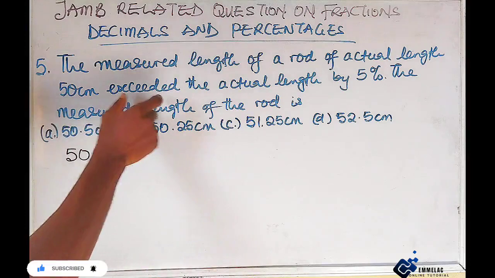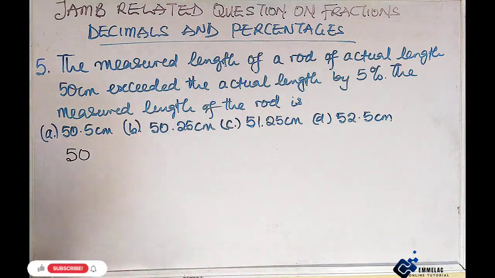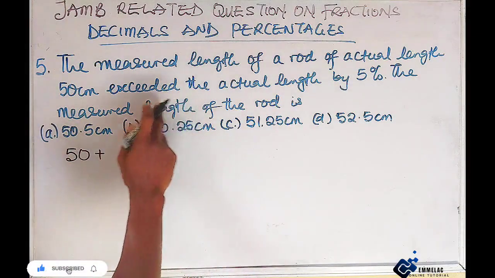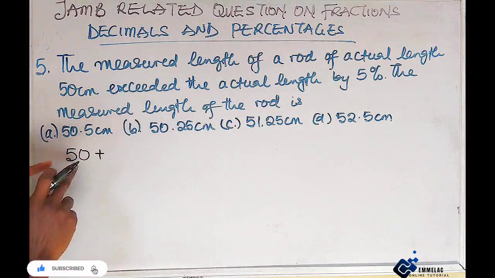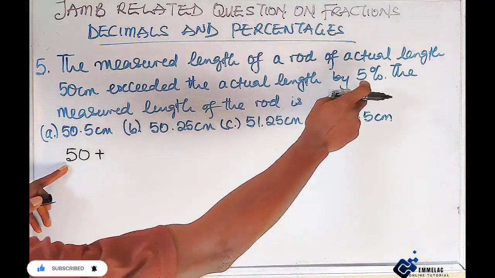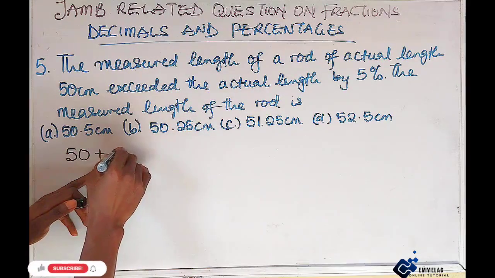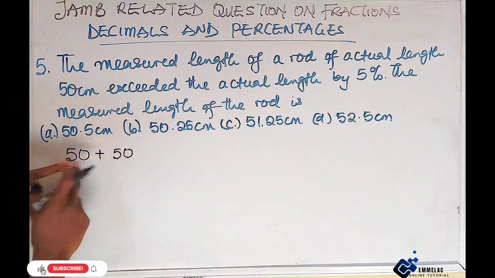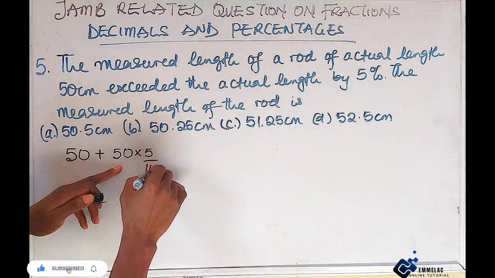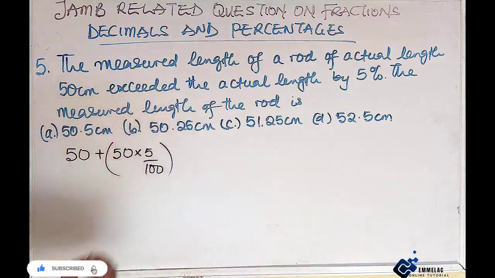Now exceeded implies that there was an addition, right? So let us say plus. Exceeded the actual length by 5%. There will be 50, that is the actual rod, then times 5%, which is 5 over 100.